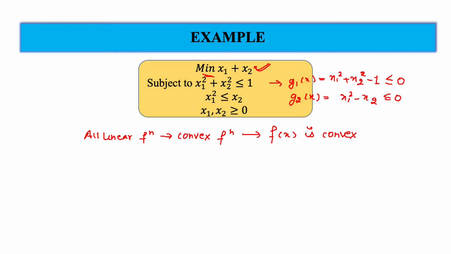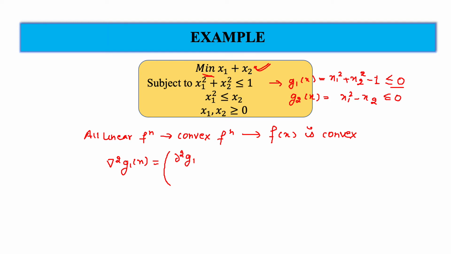Now if you talk about the first constraint, whether it is convex or not, you take the Hessian of g1. We have discussed earlier, in our last lecture also, how to prove that a function is convex.